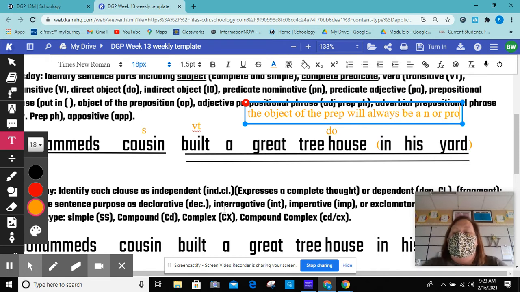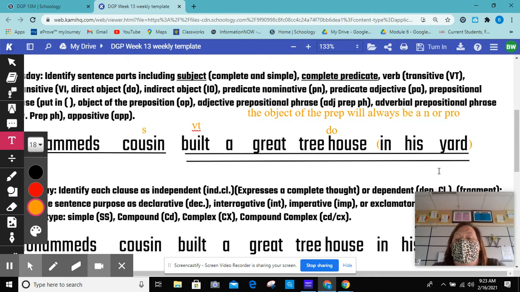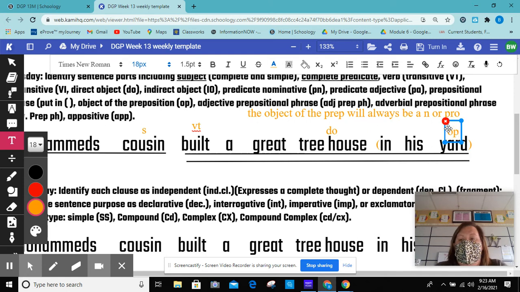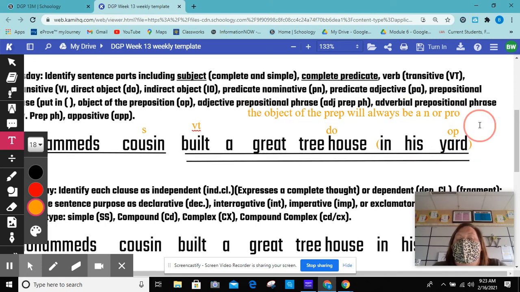Okay, so what is the object of the preposition in his yard? Yard. So we're going to write OP above it. Okay. Most often, your object of the preposition is going to be the last word in the prepositional phrase.